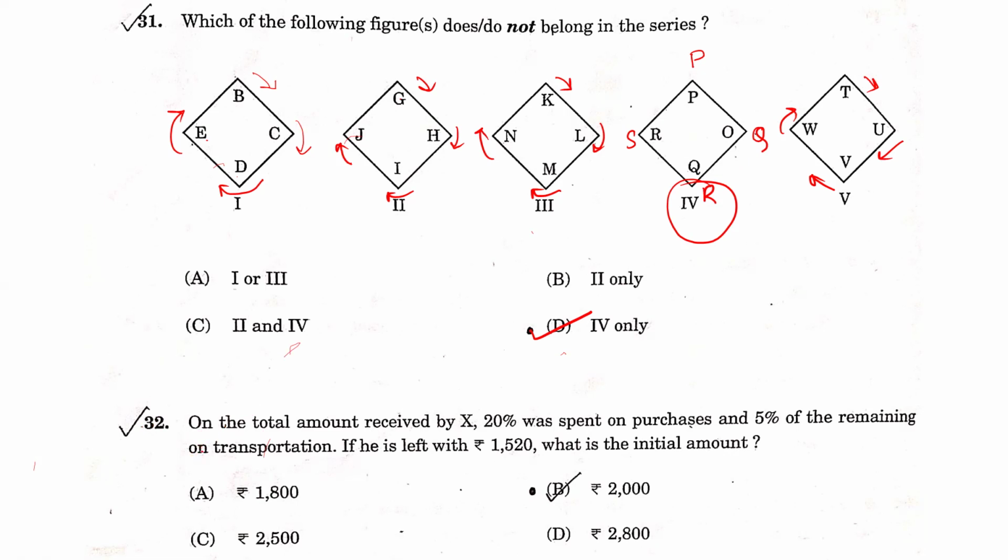Well, this question is extremely direct. There is no hidden meaning over here, but be very conscious. On the total amount received by X, 20% was spent on purchases and 5% of the remaining on transportation. If he is left with rupees 1520, what is the initial amount?